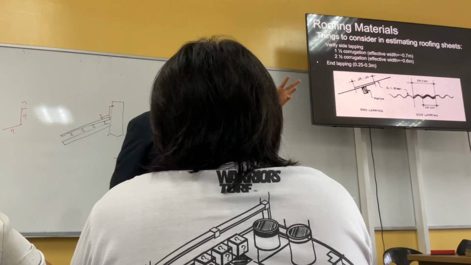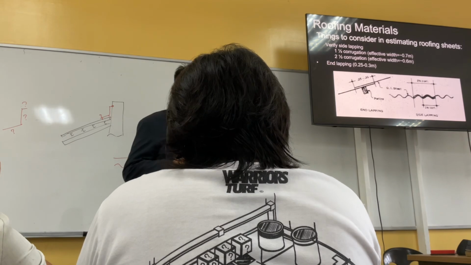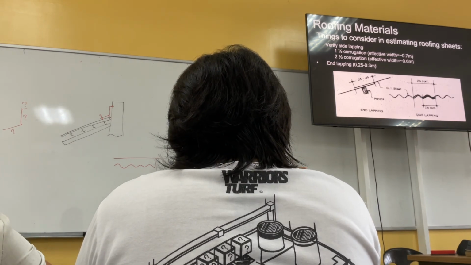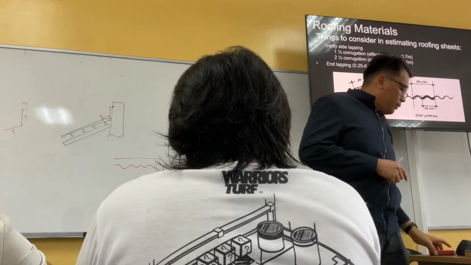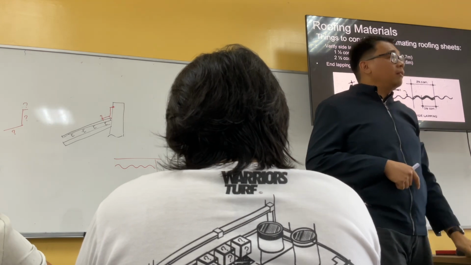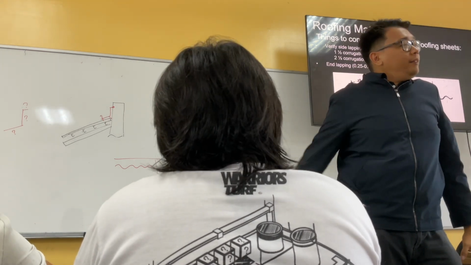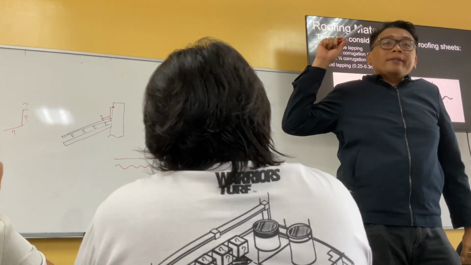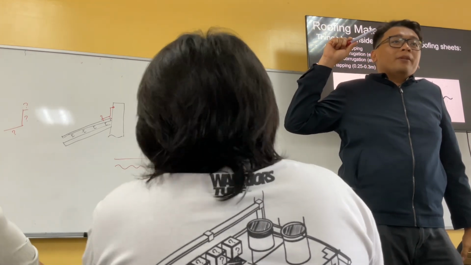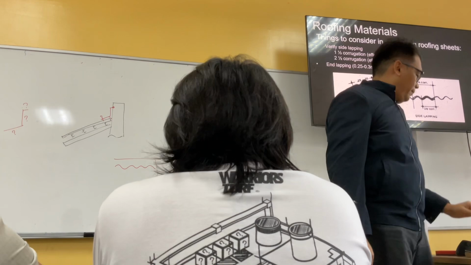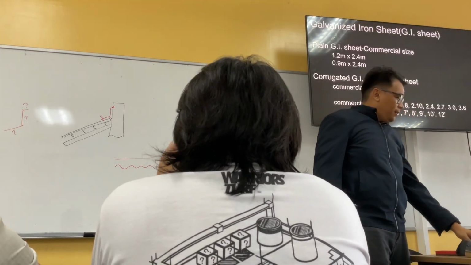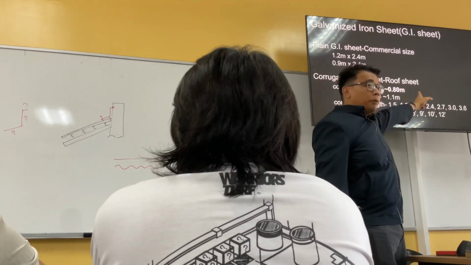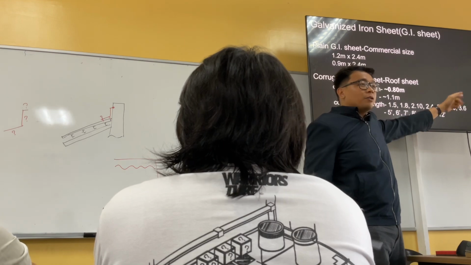Remember your commercial size or standard width of your roof sheet is 0.8 for corrugated. That's your width.